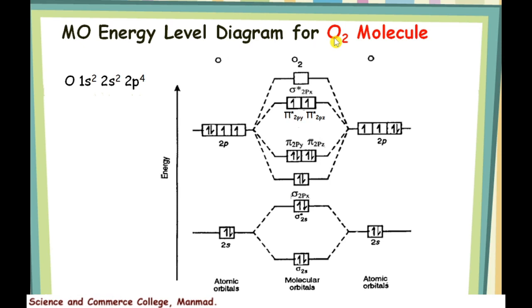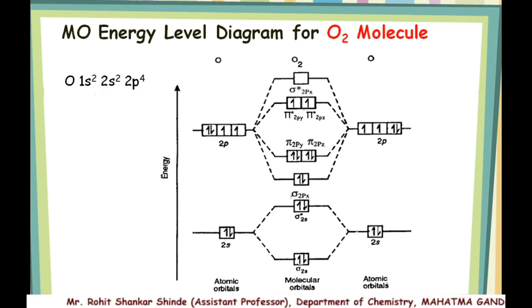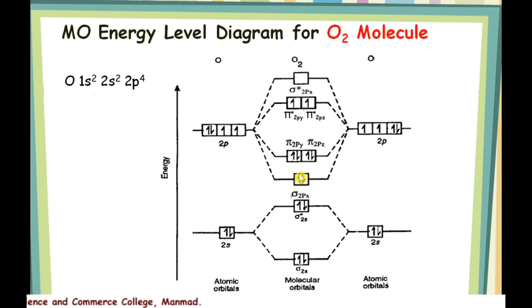In case of O2 molecule, there are 8 plus 8, 16 electrons present in an O2 molecule. If more than 14 electrons are there in a molecule, the sequence of energy levels of molecular orbitals is different, as we have seen in the previous example. In such a case, there is no sp interaction, and hence sigma 2px has lower energy than the pi 2py, pi 2pz degenerate molecular orbitals.